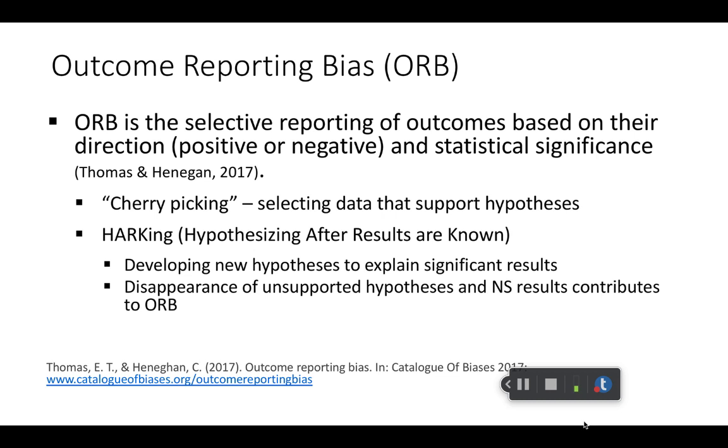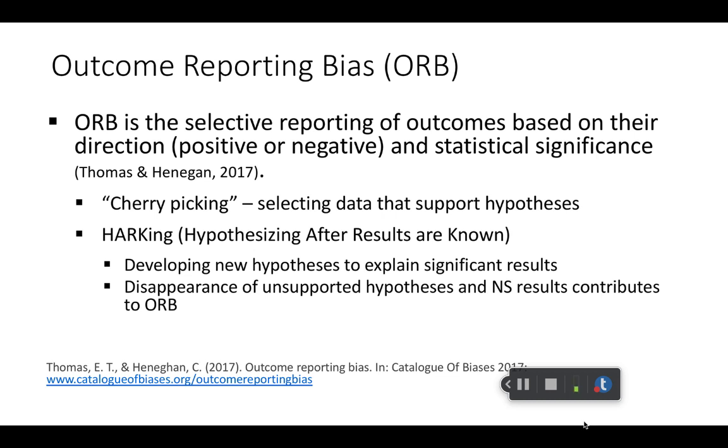But instead, what happens is some cherry picking, that researchers select data that support their hypotheses. And in psychology, there's a phenomenon that's fairly well established called HARKing, which is hypothesizing after results are known.